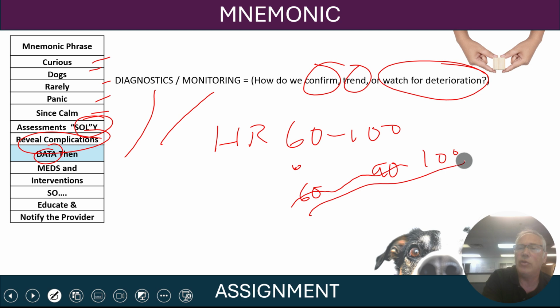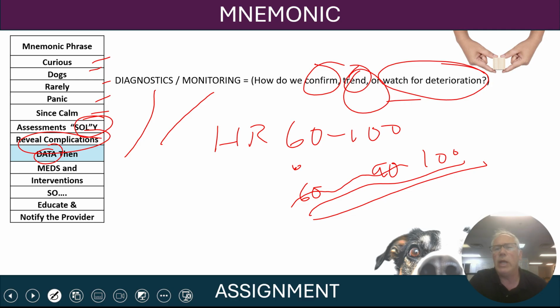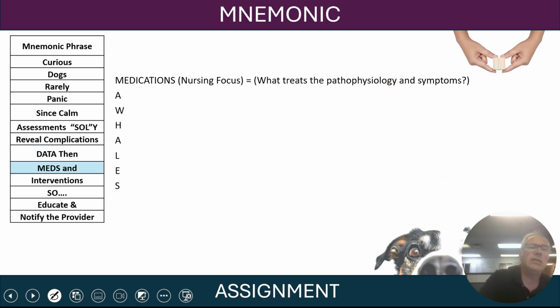Right? So that's called a trend, and we trend vital signs. We look at what it was before. It's very important to look at that assessment because it's going to show you whether the patient is deteriorating or not. The next step is meds.